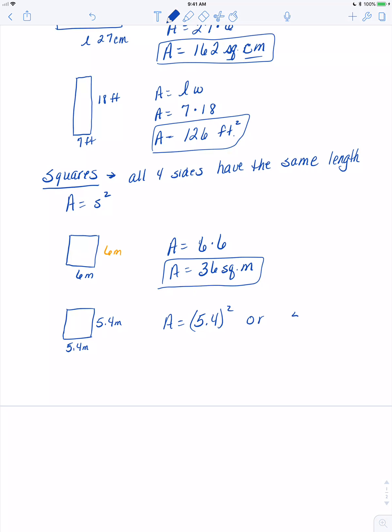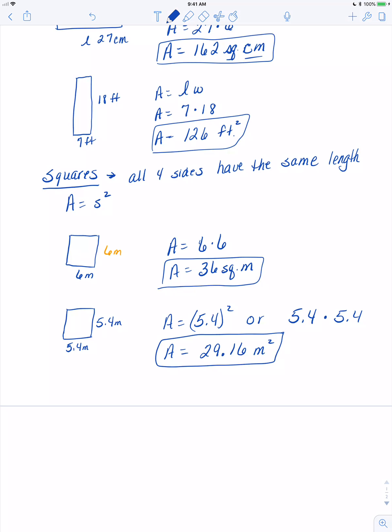So just know that's the same thing as this. 5.4 times 5.4. Squared means that. So sometimes it's easier to just know length times width. It always works. It's always the same. And that is 29.16 square meters. Remember, I told you could either write it as square meters or meters squared. Either one of those is fine.